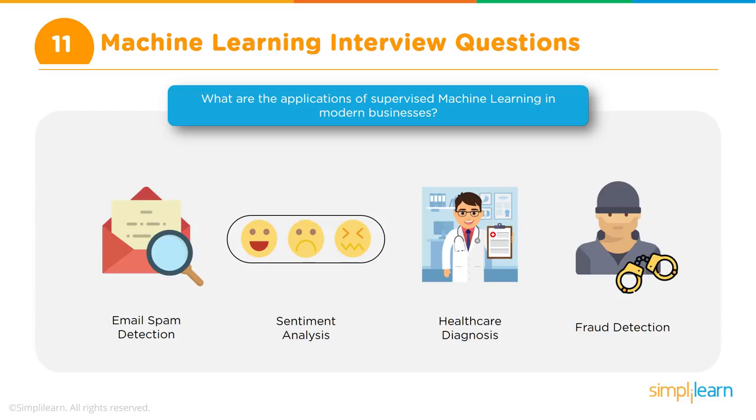Then you feed all these emails as an input to your model, and the model will get trained to detect which emails are spam and which are not. That is the training process, and this is supervised machine learning because you have labeled data. You already have emails tagged as spam or not spam, and you use that to train your model. So this is one example.